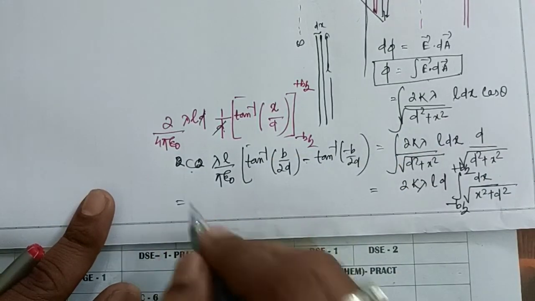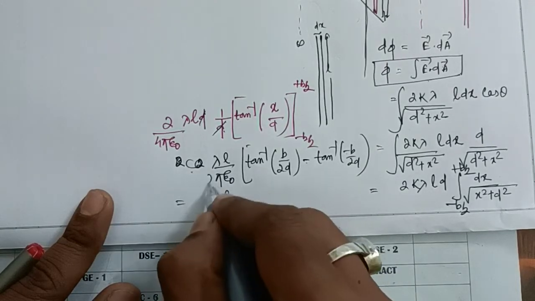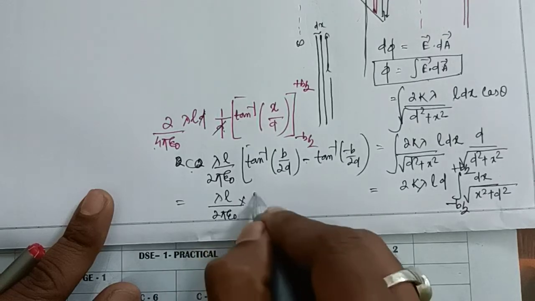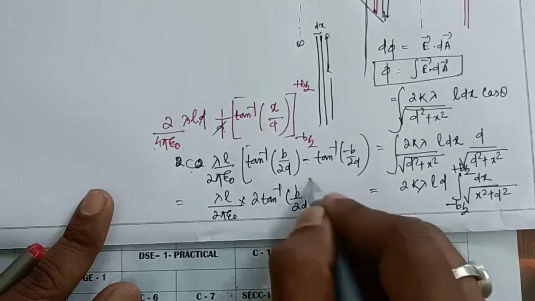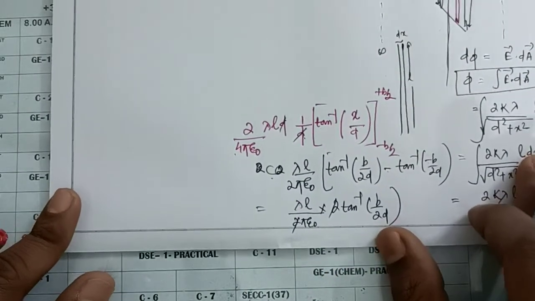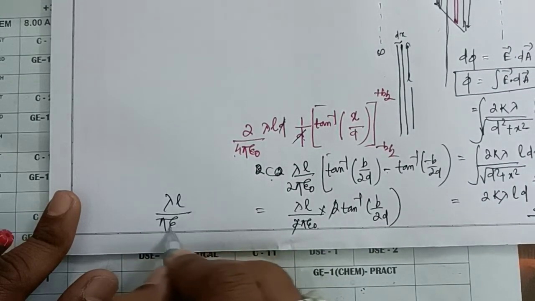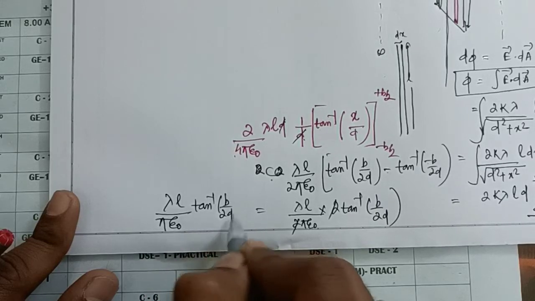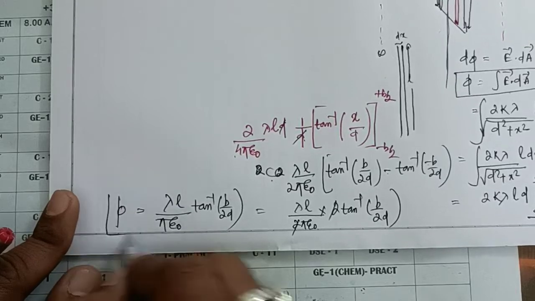So we get lambda L upon 2 pi epsilon naught into 2 tan inverse b by 2d. The 2 cancels, so my final result is lambda L upon pi epsilon naught tan inverse b by 2d. I hope the expression of the flux is pretty clear.